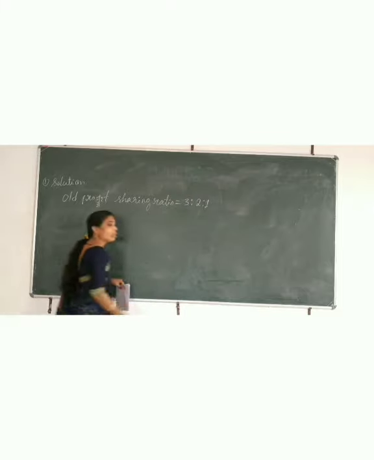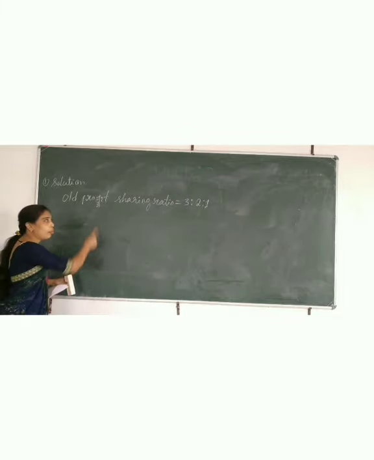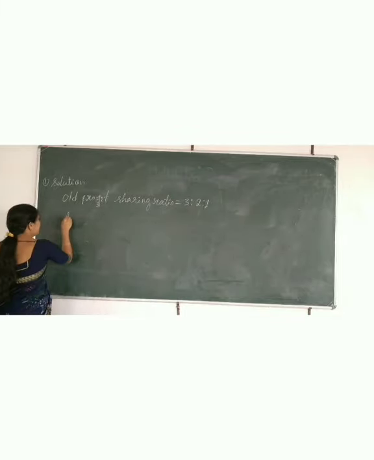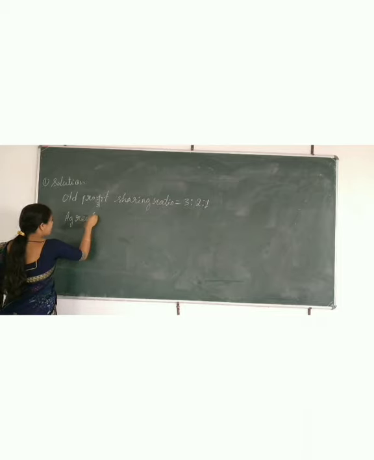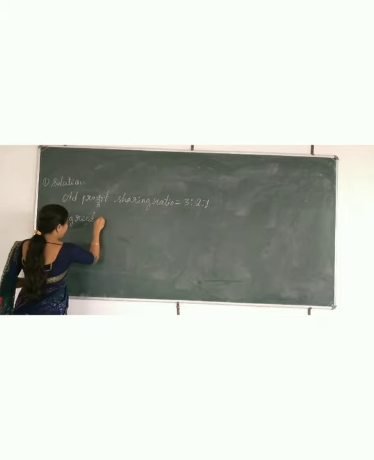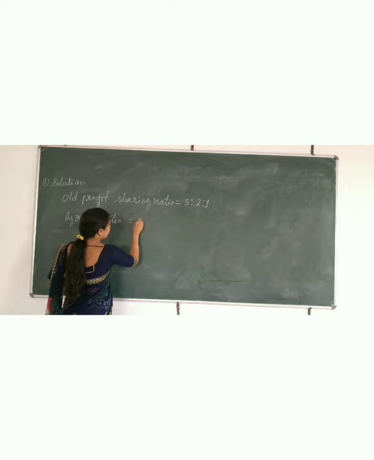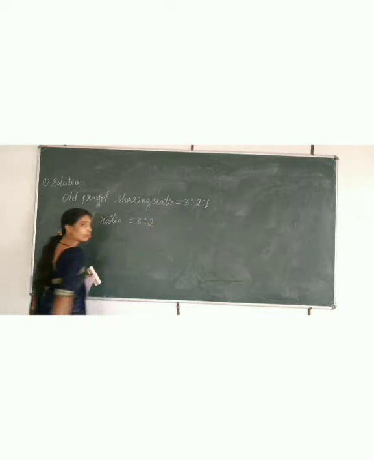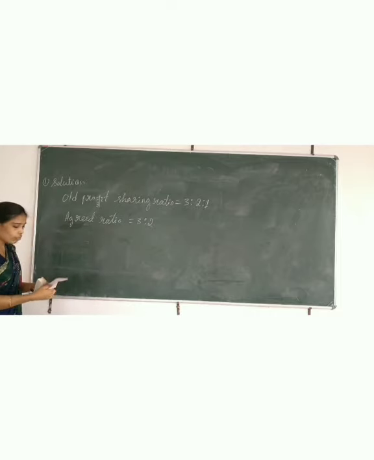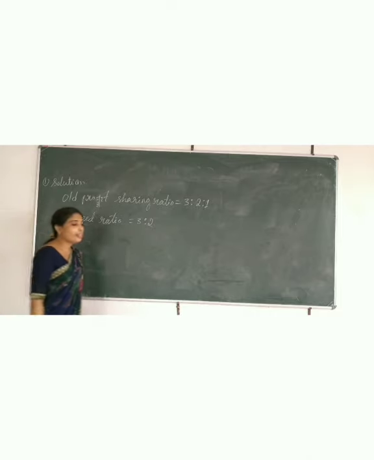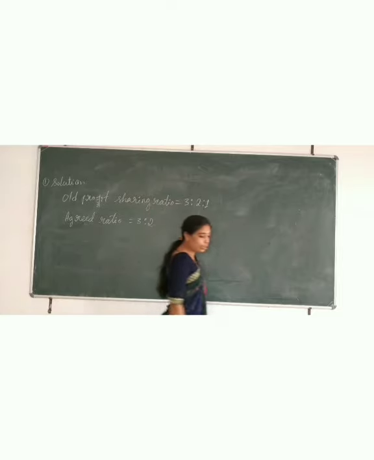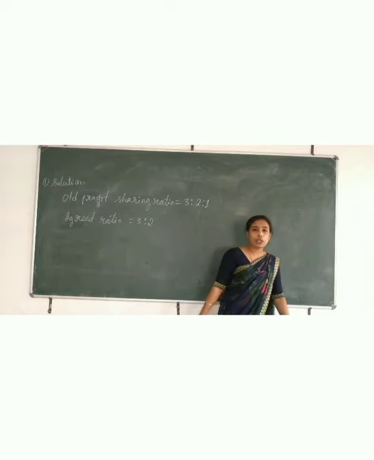So we need to write the given information. Given information is the old profit sharing ratio, 3:2:1, and another one is the agreed ratio, which is equal to 3:2. Next, in the question they asked us to calculate the new profit sharing ratio.